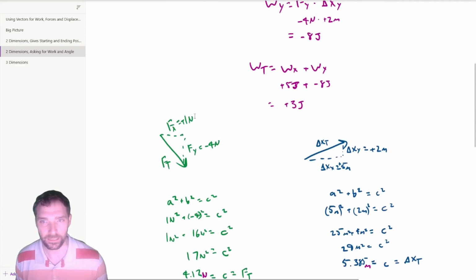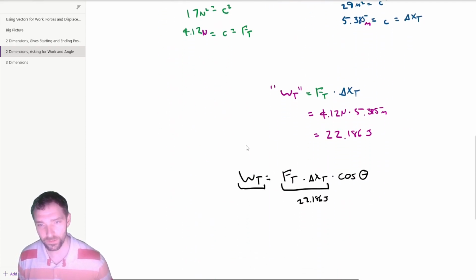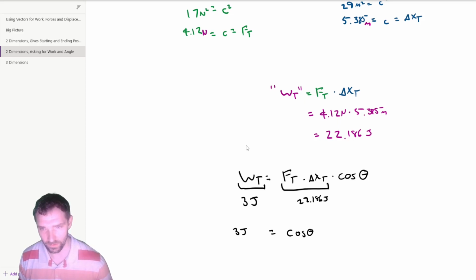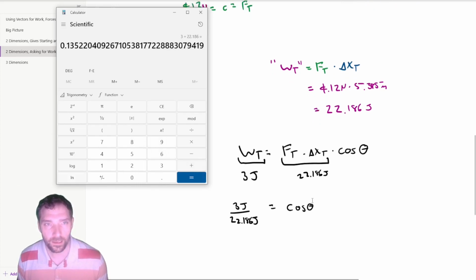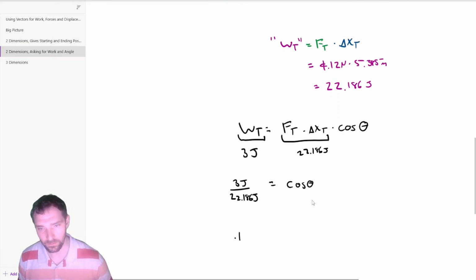So we have the 3 joules there. And so if we now rearrange this, we can get cosine theta is equal to the 3 joules over the 22.186 joules. So we can turn that into a nice simple ratio, 3 divided by 22.186. We can get that as a number, 0.135.